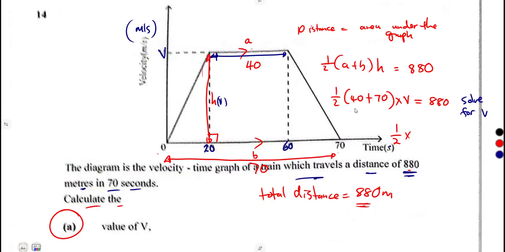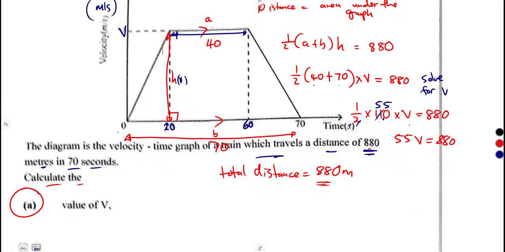That's half of 40 plus 70, that's 110, times V is equal to 880. Half of 110 is 55. So 55 V equal to 880.